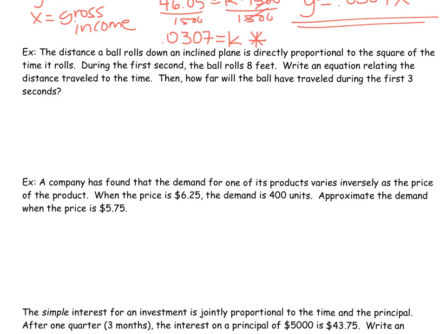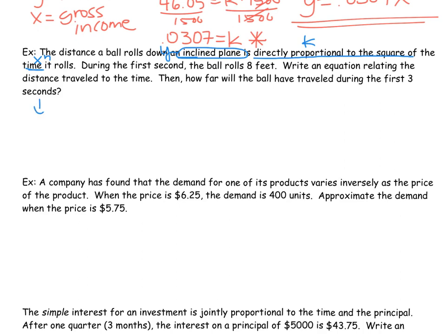If we think about finding our key phrase, now we have "directly proportional to the square of the time." So that means this is going to be our direct variation to the nth power. Now the left side is going to be our output, and the right side is going to be our input, so x to the nth power.